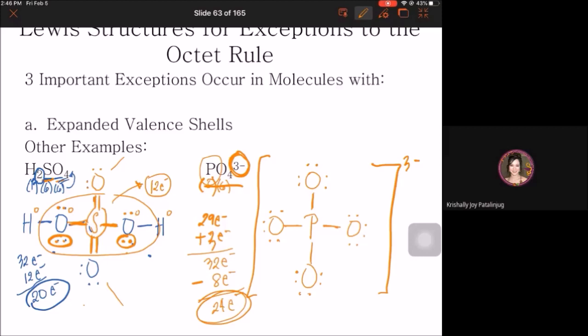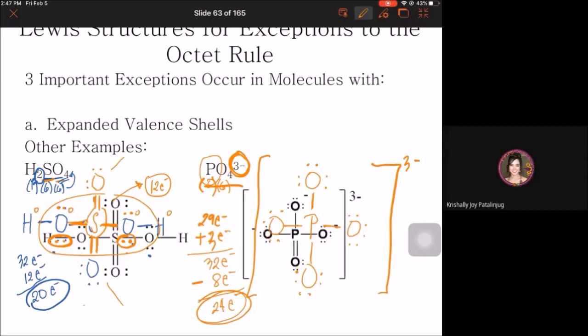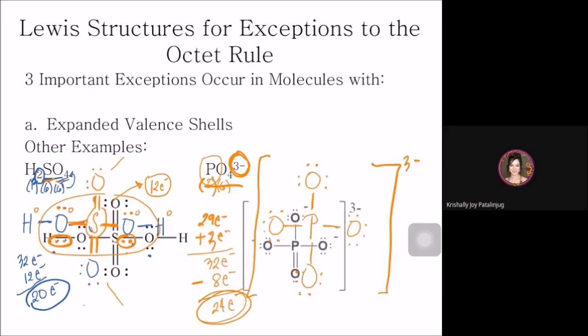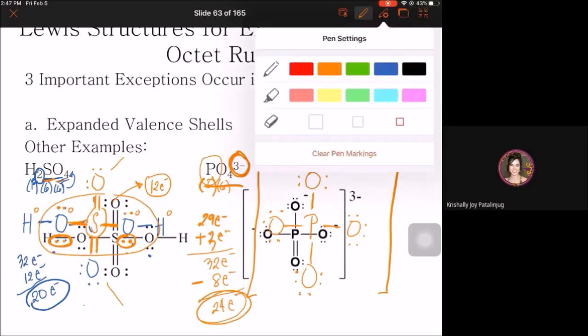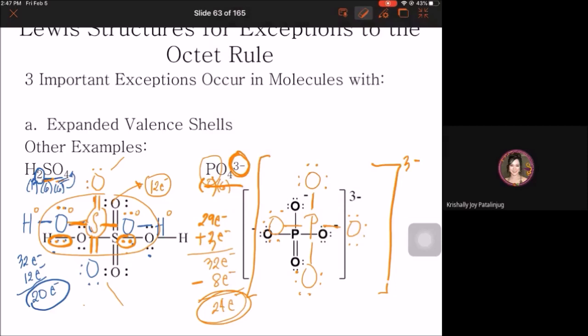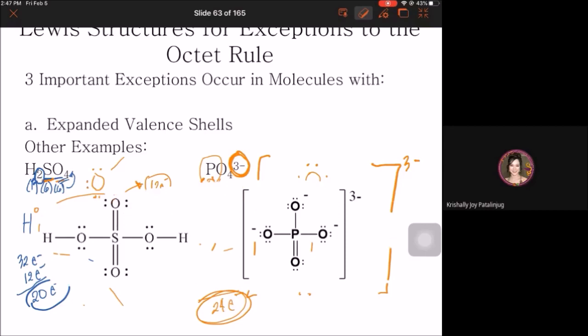That is why you really have to let phosphorus expand its shell, so it can have more than 8 surrounding electrons. So that would be the structure for the phosphate ion. Okay, let me erase.